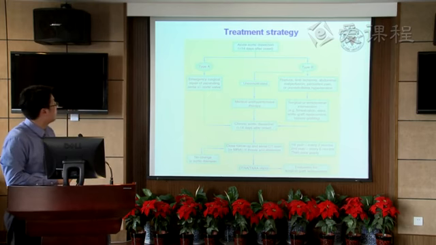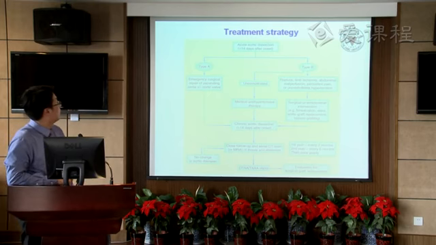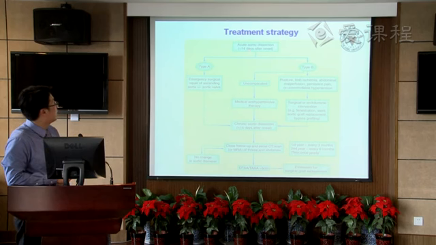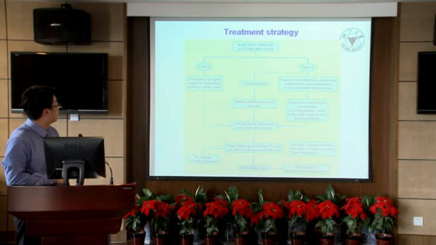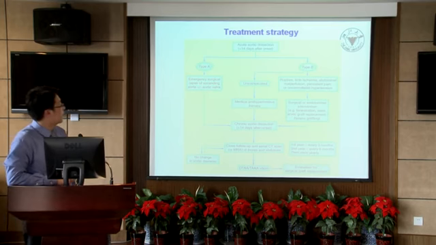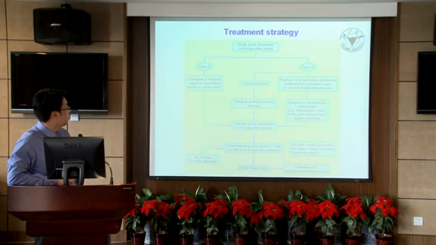Treatment strategy. For acute aortic dissection, less than 14 days after onset, if it is type A, the patient should have emergency surgical repair of the ascending aorta. If it is type B and uncomplicated, we use drugs to control blood pressure.